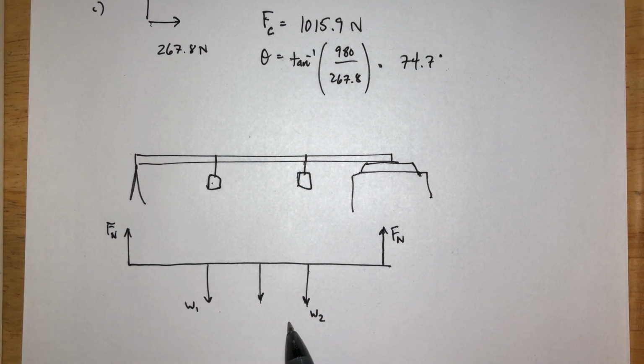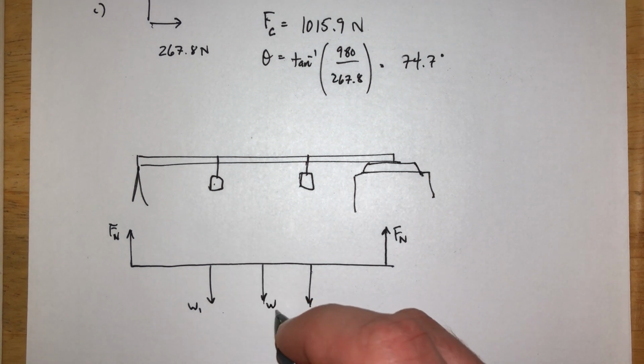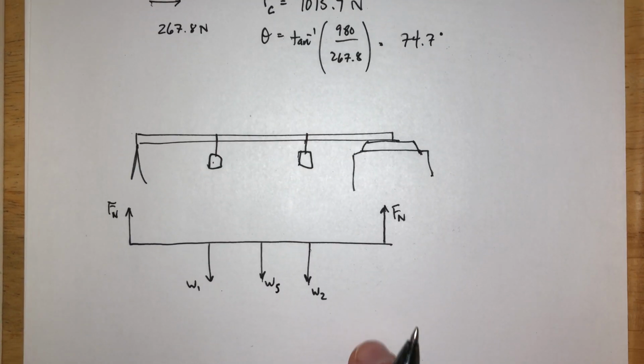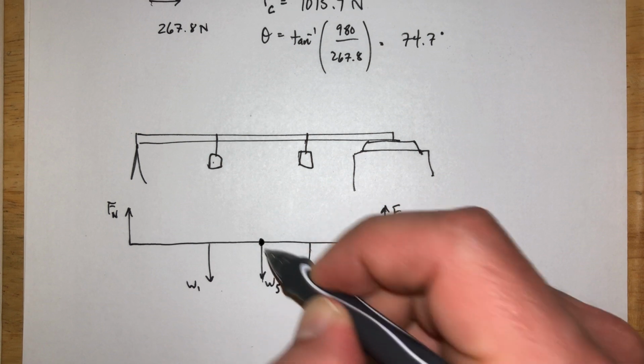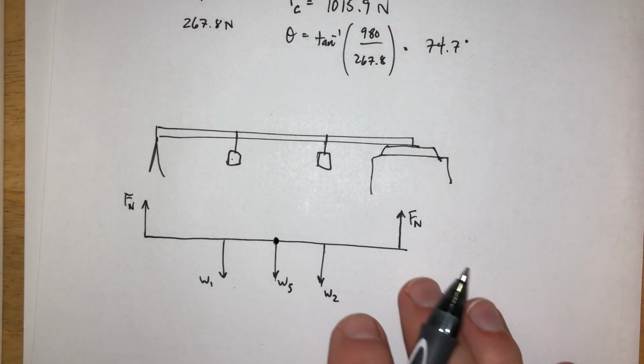This drawing is the drawing that I recommend that you use for the last couple procedure steps on the lab, when we are supposed to evaluate the location of the center of mass of the meter stick itself.